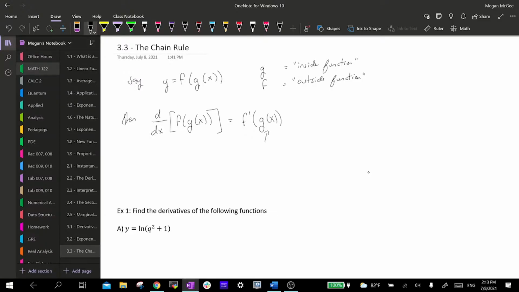Just take the derivative of the outside. Okay, then we're going to multiply that by the derivative of the inside.